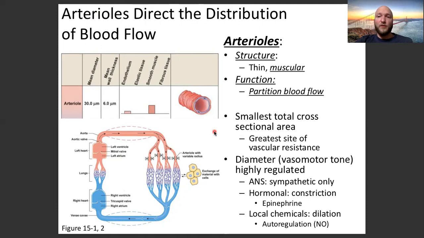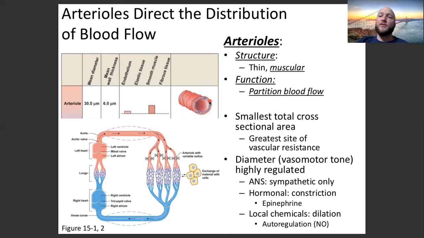Your body will automatically send less blood to your hands because it doesn't want to lose that heat. What it does is constrict the arterioles. So the arterioles constrict, and you have less blood flowing into that area.